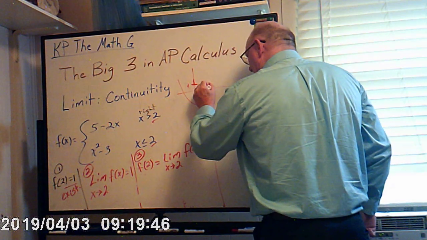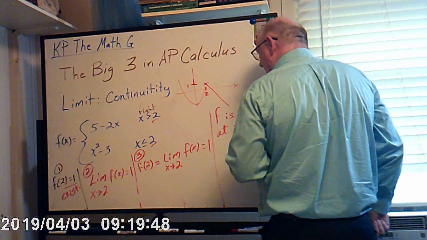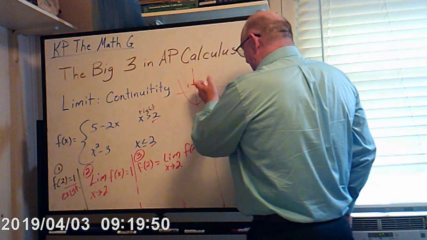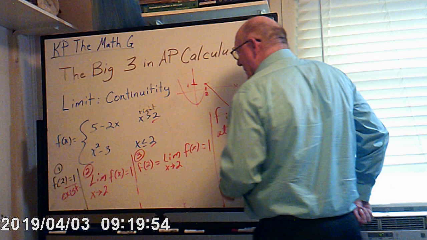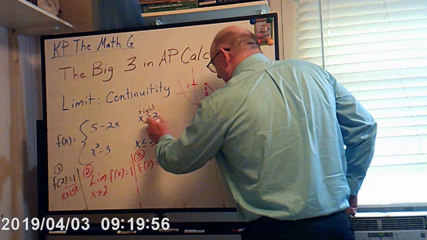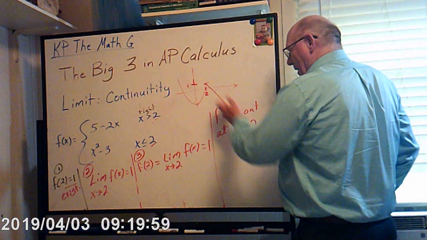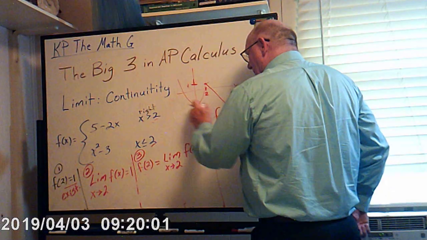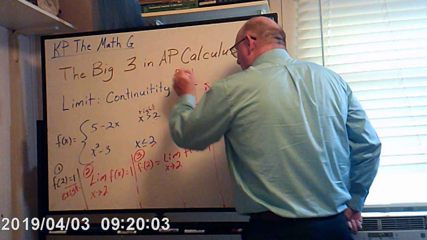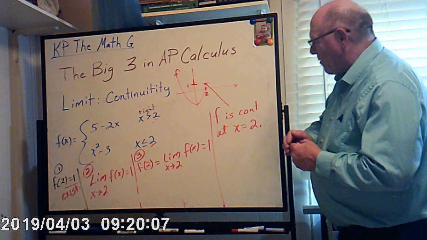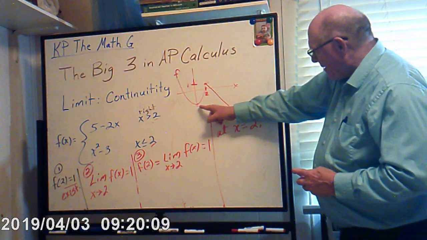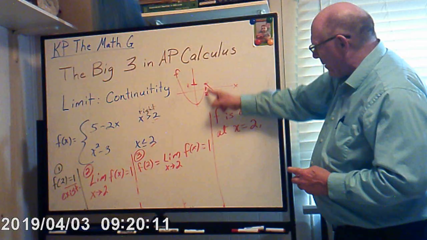And then this graph is going this way, piecewise. This is to the right of 2. This is all to the left of 2. All of this is the function f. Piecewise, this parabola has to stop at 2.